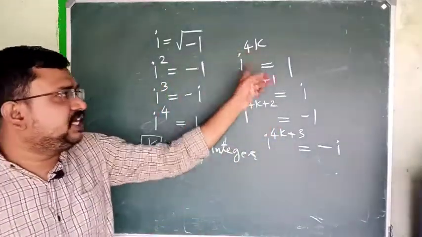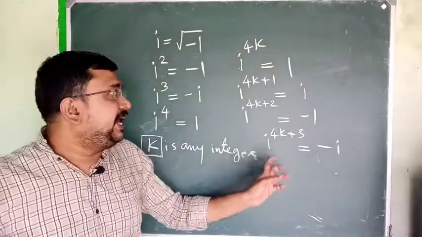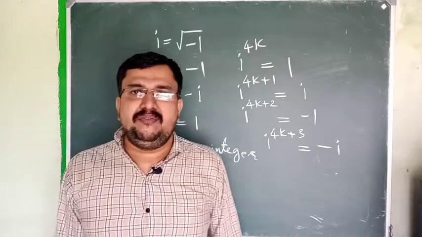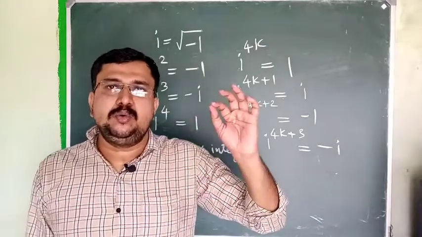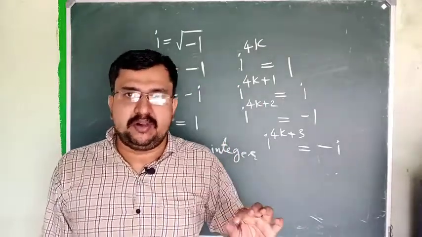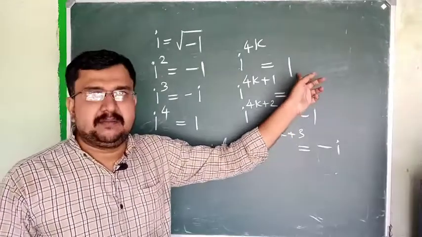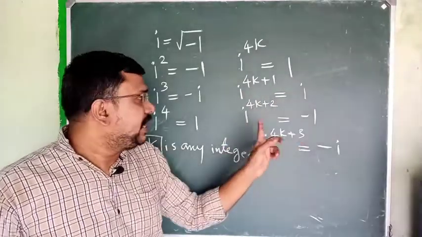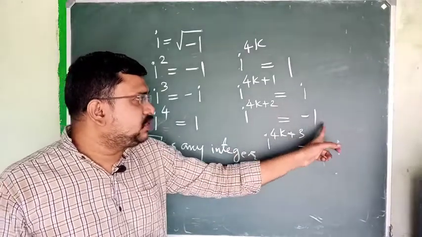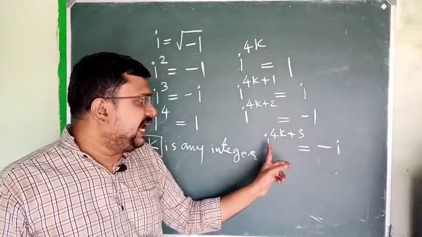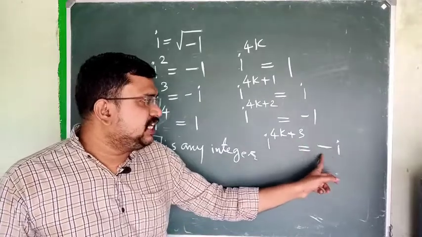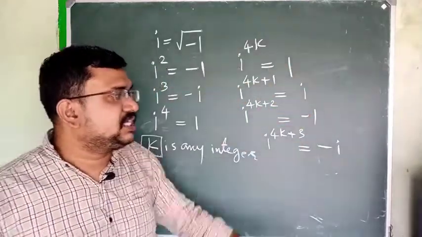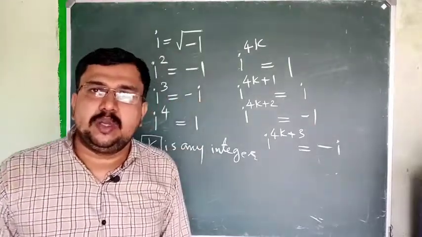Very important, these four results. Remember that i raised to 4k, that means i raised to a multiple of 4, the answer is 1. i raised to 4k plus 1 is i. i raised to 4k plus 2 is minus 1. i raised to 4k plus 3 is minus i. Okay. These are very important results. Please write them down in your notebook.